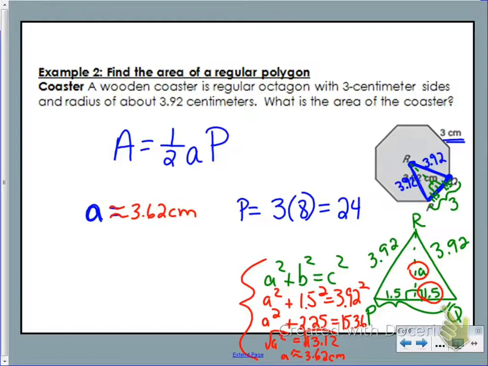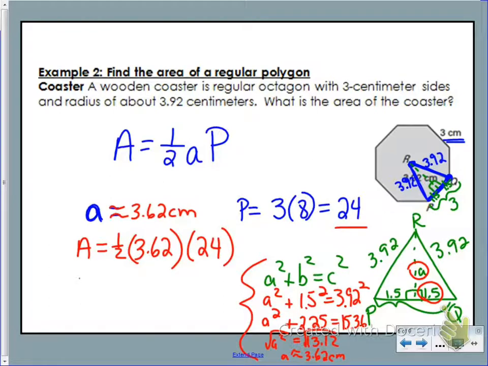So now we have the 2 important elements that we need to find the area of this regular octagon. I'm going to use my formula, A equals 1/2 the apothem, which we found to be 3.62 approximately, times the perimeter, which we found to be 24 centimeters. And if you find the product of this, keep in mind this is not the distributive property because we don't have a sum or a difference.